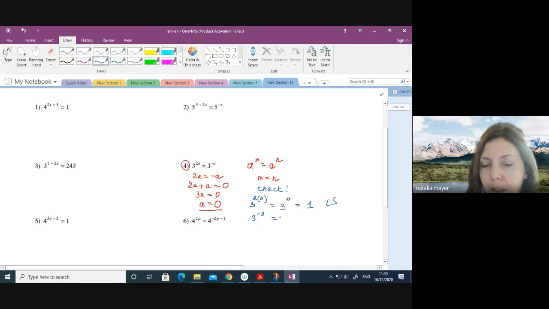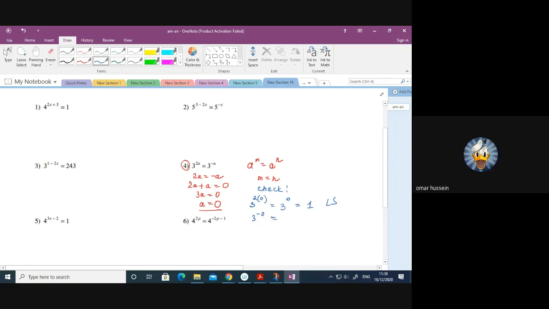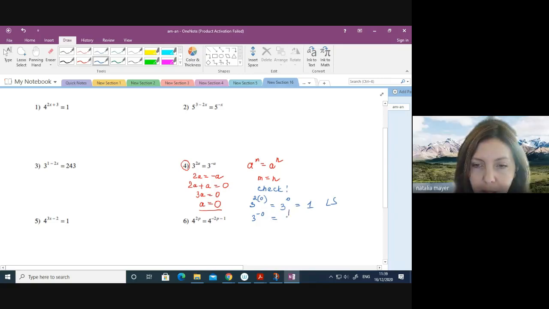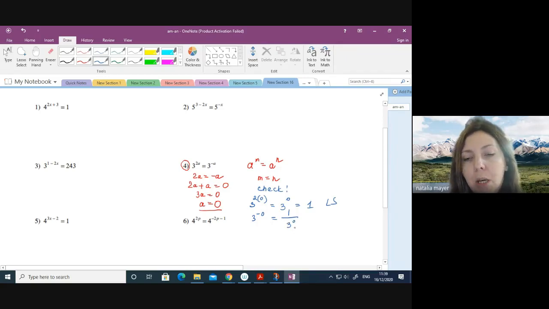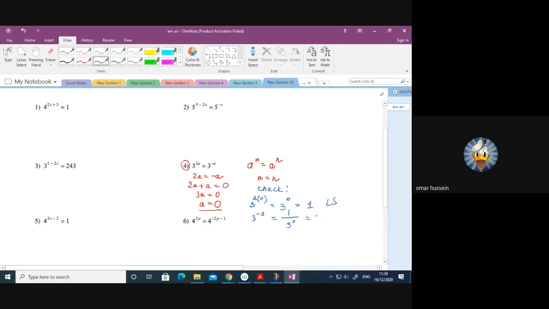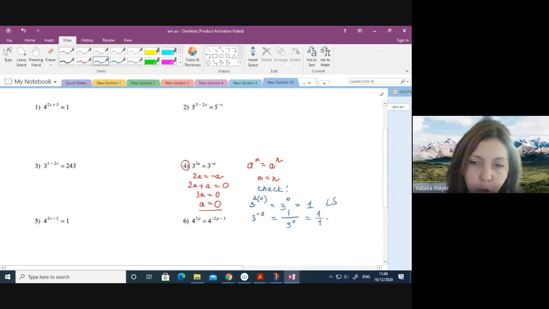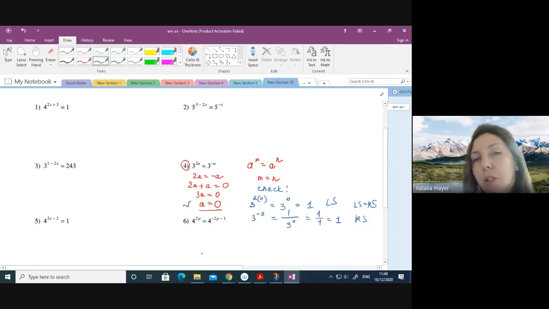How to evaluate it? It's a negative exponent, so apply the negative exponent rule. Is it going to be 1 over 3 to the power of 0? Absolutely right. Thank you. 1 over 3 to the power of 0. This is the negative exponent rule. So what's the next step then? 1 over 3 to the power of 0 is equal to what? 1, so it's equal to 1 over 1, which is 1. So the conclusion is that the left side is equal to the right side. That means that a equals 0 is the solution of this equation.